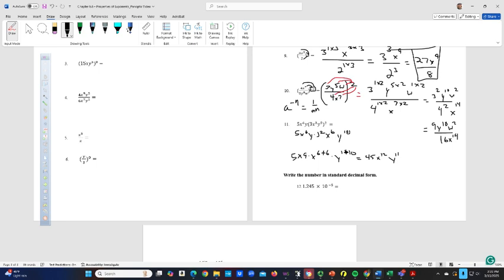All right, so now let's talk a little bit about scientific notation. Scientific notation is in the form of m times 10 to the k, where k is an integer, meaning it can be positive or negative.